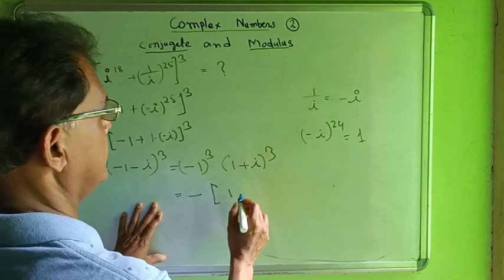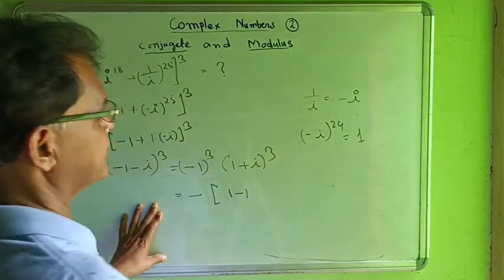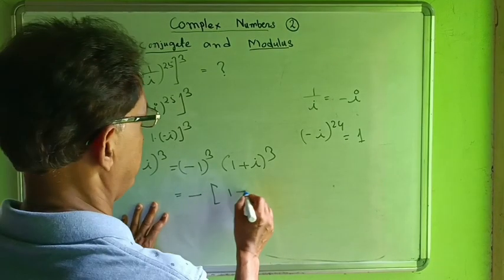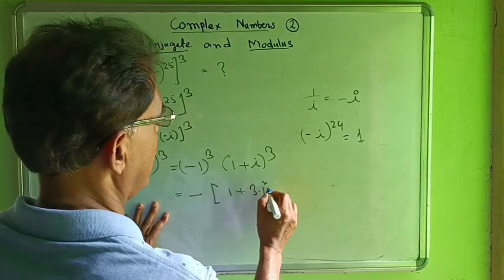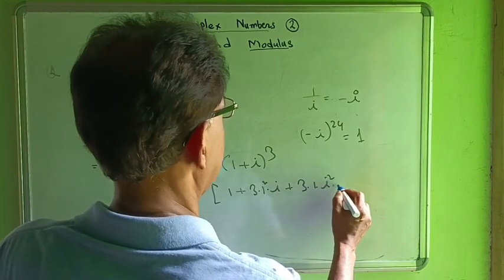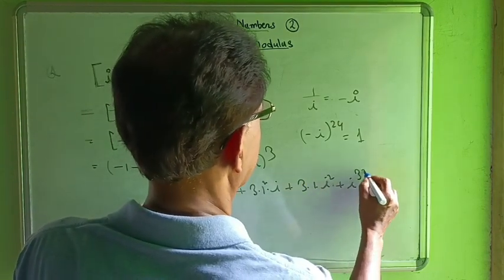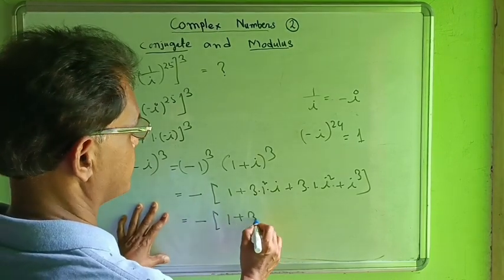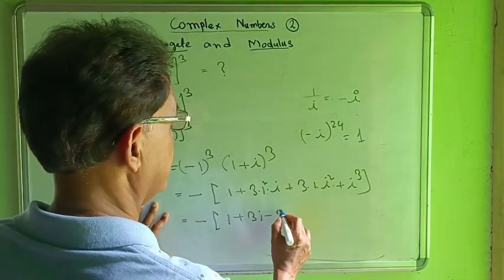That is, 1 plus i square is minus 1. Therefore, (1 plus i) cubed is 1 plus 3 into 1 square into i plus 3 into 1 into i square plus i cubed. This equals what? 1 plus 3i is equal to minus 1 minus 3.